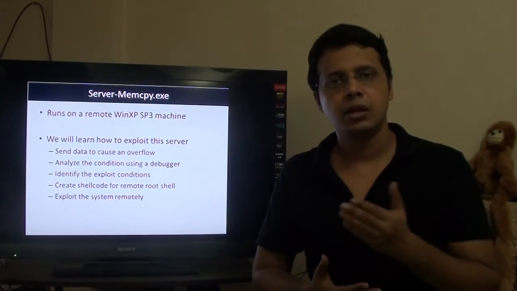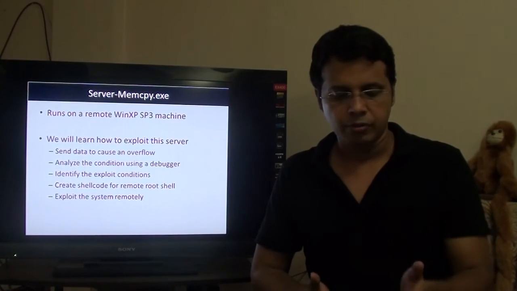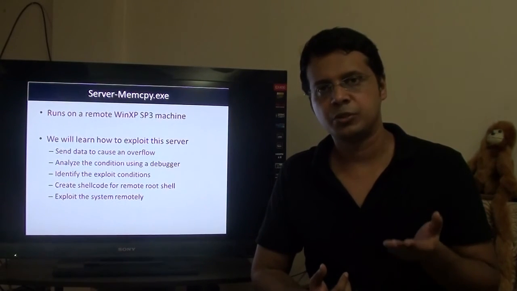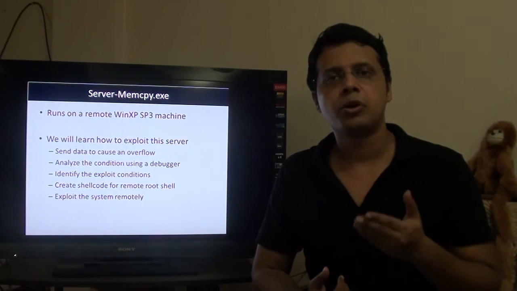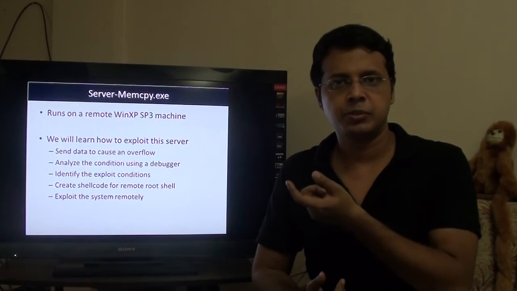So what will we learn in the very first exploitation which we will look at in the next video? Well, we'll look at how to exploit a simple service running on a Windows XP SP3 machine. So what we will end up writing is a remote exploit. This server is going to run on the Windows XP SP3 machine.